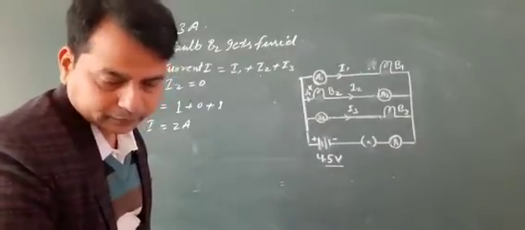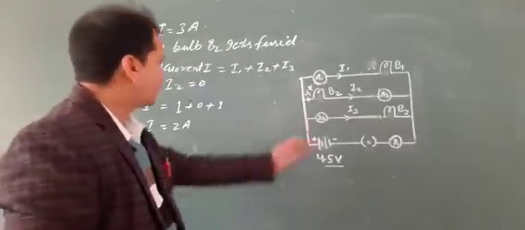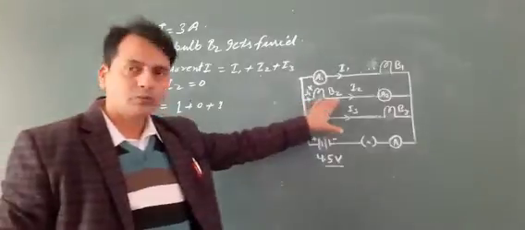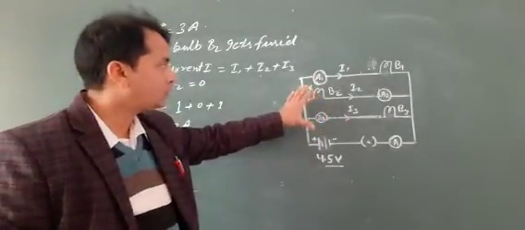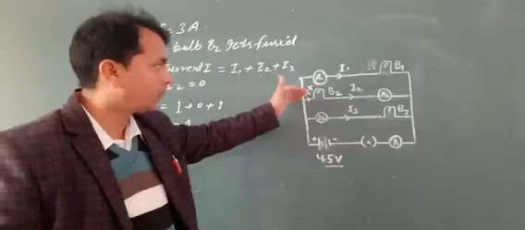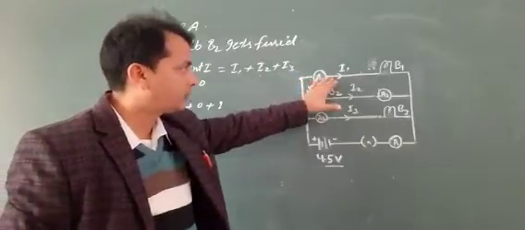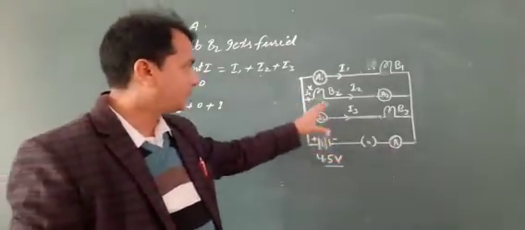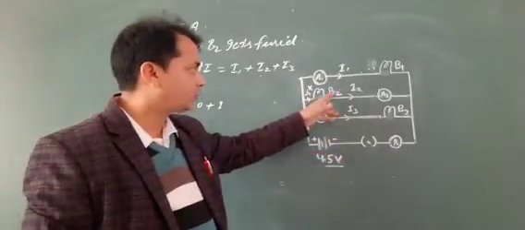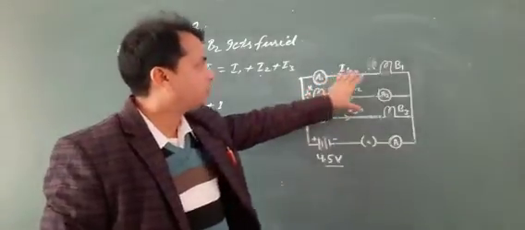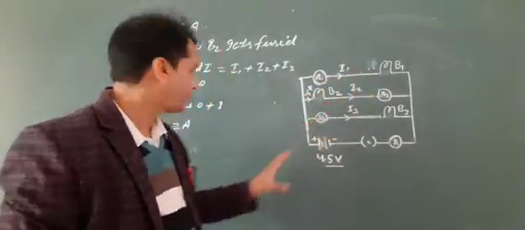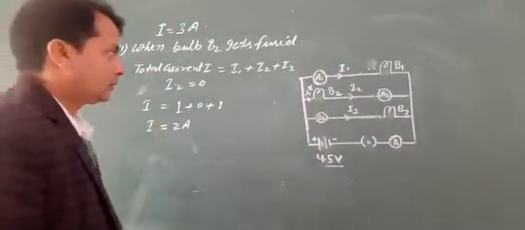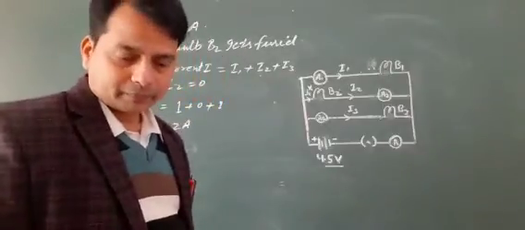Regarding this question, when the bulb B2 gets fused, there is no change in the current flowing across B1 and B3. Because when the electric bulb B2 is fused, the total current is 2 ampere. So the total current is 2 ampere. Now the next question is here.